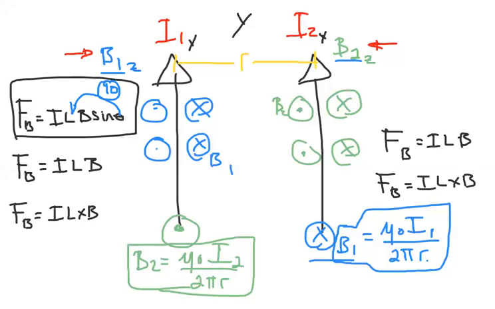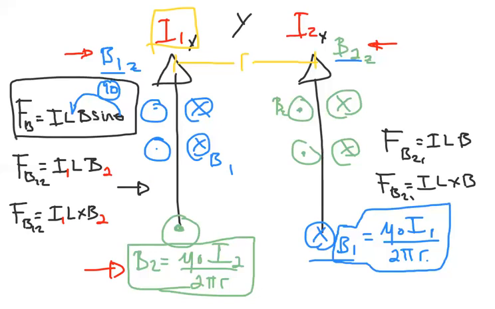For the FB over here, what we call 1 to 2, and this one we're going to call 2 to 1. If there's a force on this one, it's a force on I1, so this needs to be I1 in here, because that's the current that's feeling the force. But the B, we said the B is B2. So we just got to remember that that's labeled B2.